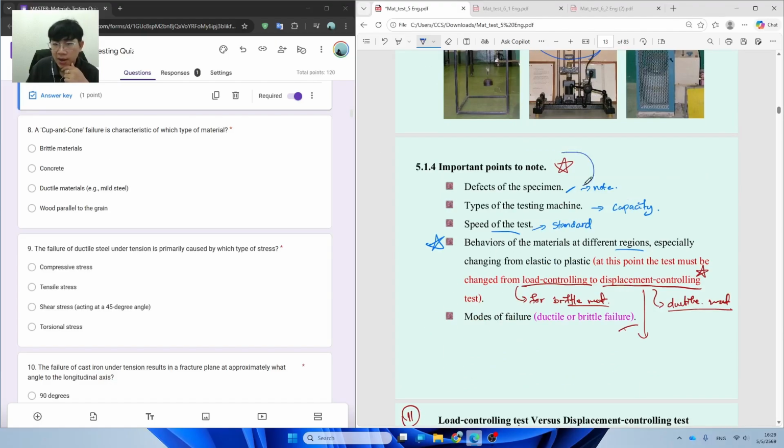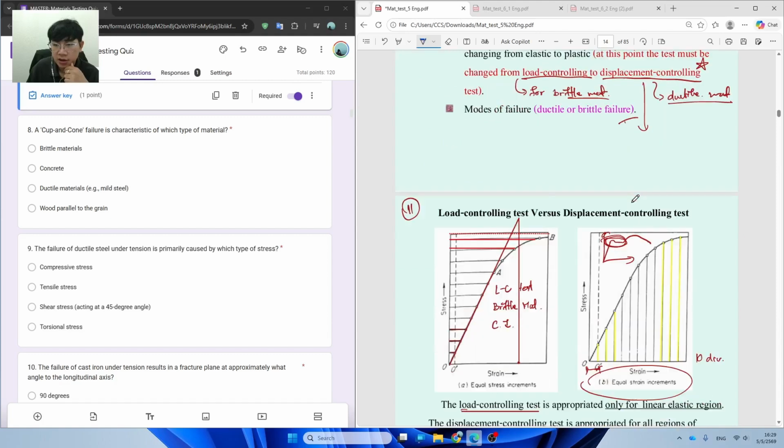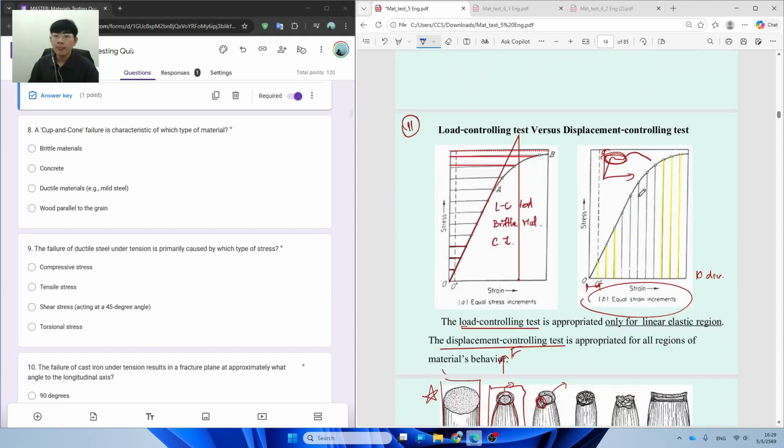Then I want you to go back and revise the load controlling test. If we talk about load controlling test and displacement controlling test, in short, load controlling test is good for brittle material such as cast iron, it's one of the good examples, or concrete.